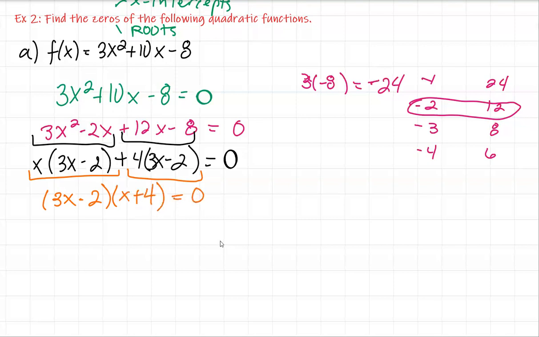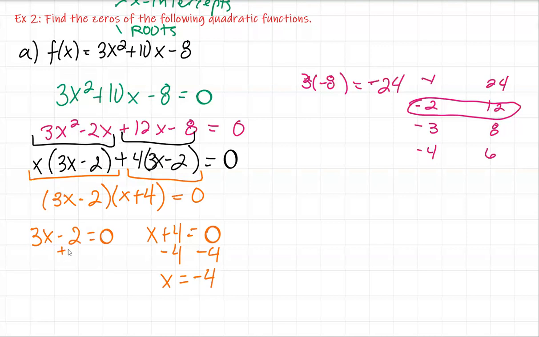equals 0. Now you know how to do it from here because this is what we did in 4.3. We set each of these equal to 0. You want to be careful because maybe some of you have gotten in the habit of just looking at the last number and changing the sign and making that your x-intercept. But you want to make sure you go with this step as well because, for the second one, it's easy. We're just subtracting 4 from each side, so you get negative 4. But here there's an extra step.